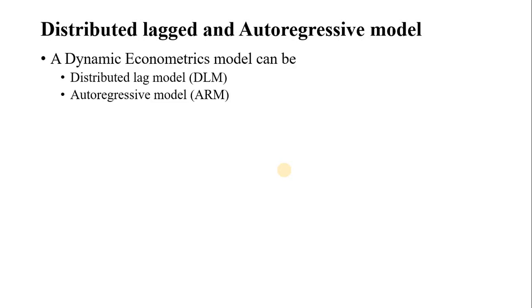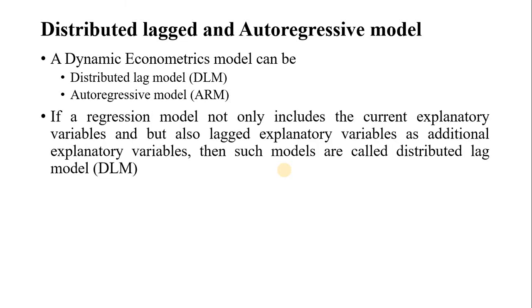Now we come to the dynamic econometric model, which can be of two types. The first is the distributed lag model, and the second is the autoregressive model. The difference lies in whether you are including a lagged explanatory variable or a lagged dependent variable as an additional explanatory variable.